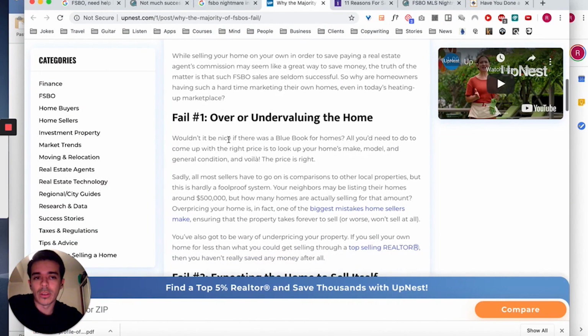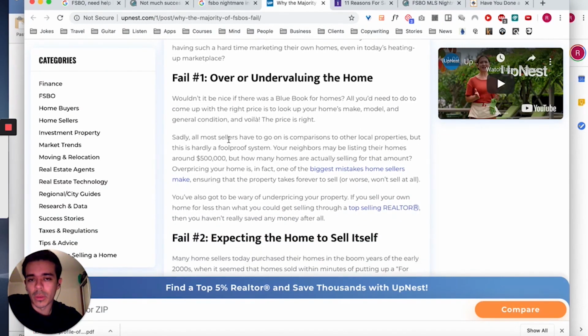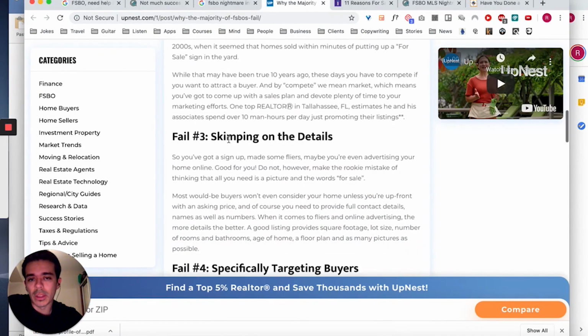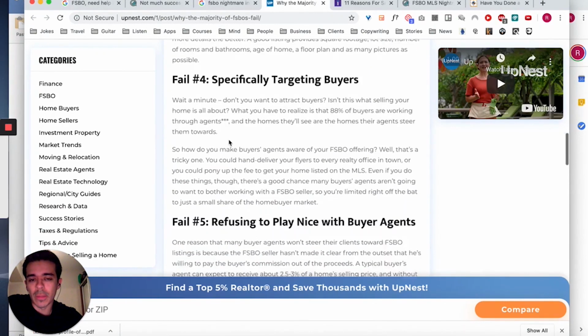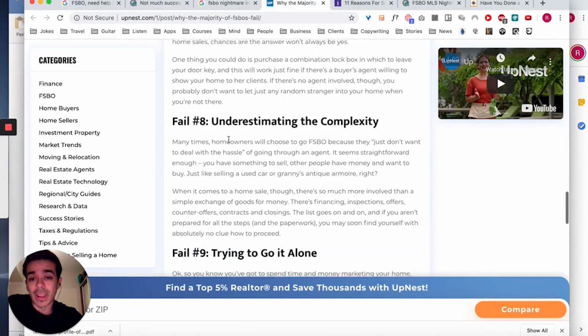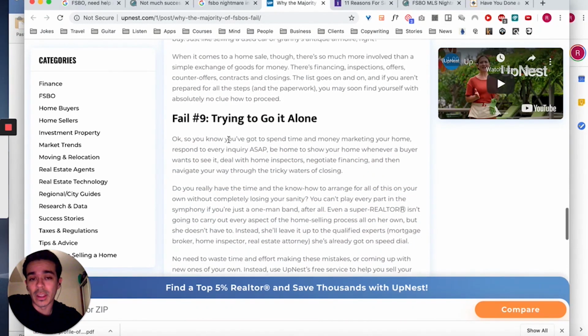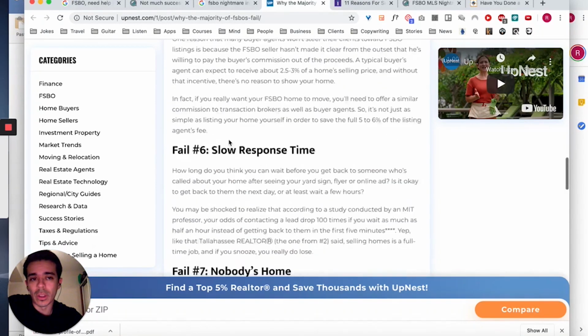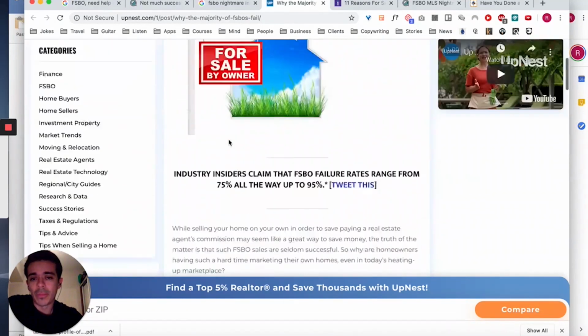So that was it. So it actually sent me to another article. Fail number 1: over or undervaluing the home, expecting the home to sell itself, skimping on the details, specifically targeting buyers, buyer agents. This is a lot of awesome fails. Underestimating the complexity, trying to go at it alone. Yeah, this is all really good stuff, right?